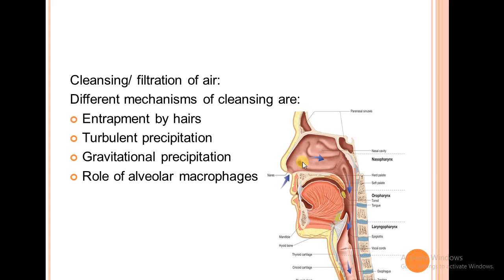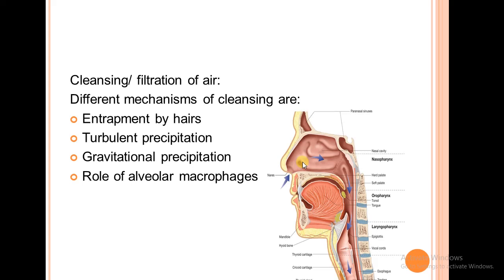They are covered with the mucous membrane, and there is a layer of mucus over them. When you inhale, the air moves in different directions inside the nose. When the air strikes these turbinates, it changes its direction.